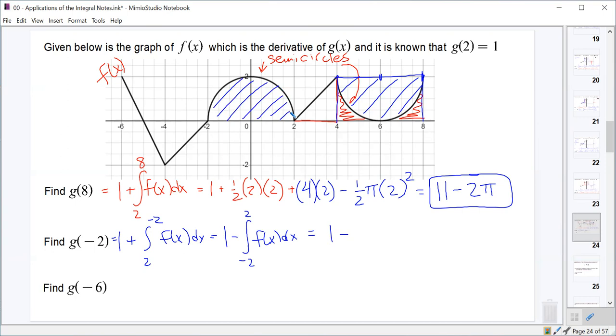This time it's actually the area of the semicircle, that's the part under the curve. So that's 1 minus 1/2 pi times the radius, and this one again has a radius of 2. So 1/2 of pi times 2 squared. And that just gives us 1 minus 2 pi.